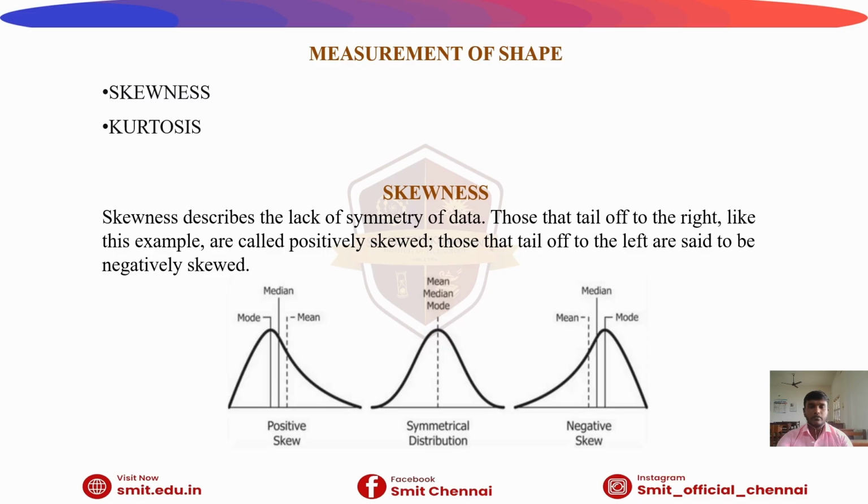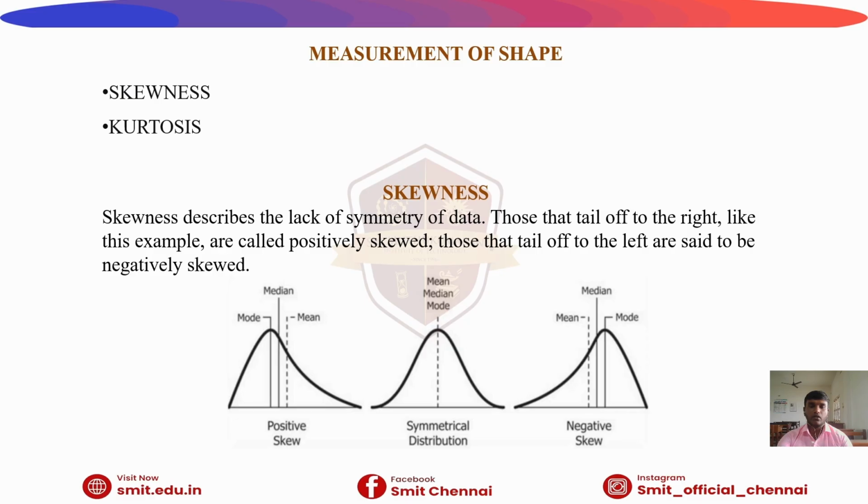Skewness describes the lack of symmetry in data. Positive skew, which means right skew: the tail extends to the right. Most values are concentrated on the left, with a few high values stretching the tail. This means mean greater than median, greater than mode. Negatively skewed, which is left skewed: the tail extends to the left.